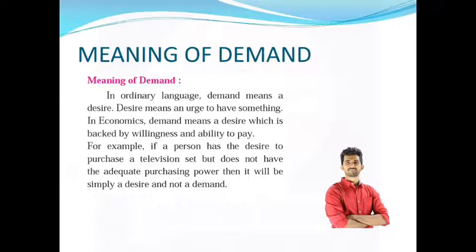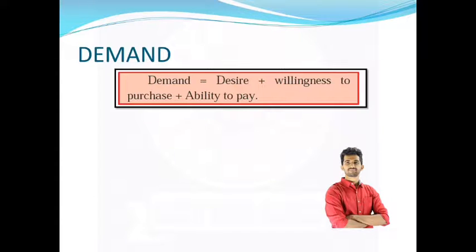Only and only then it will be called as a demand. Otherwise, if he does not have the adequate purchasing power, then it will be simply a desire and not demand. So, here we can conclude that demand is equal to desire plus willingness to purchase and ability to pay.